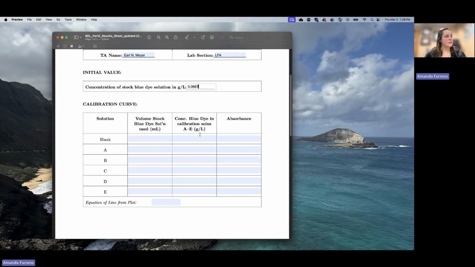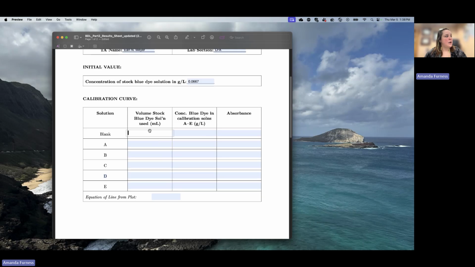Then if I hit the tab, we'll go down and get the volume of the stock blue dye that you added to each of these flasks. It should have been that you added 0 milliliters, and then we can go down to the next. You added 2.00.